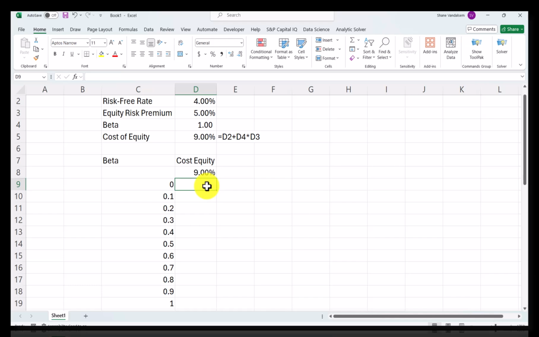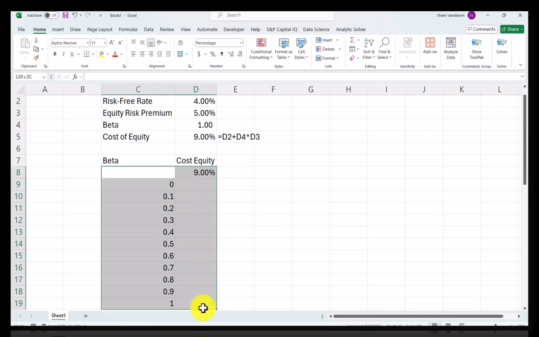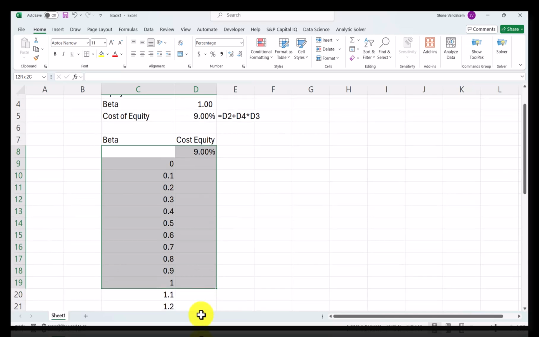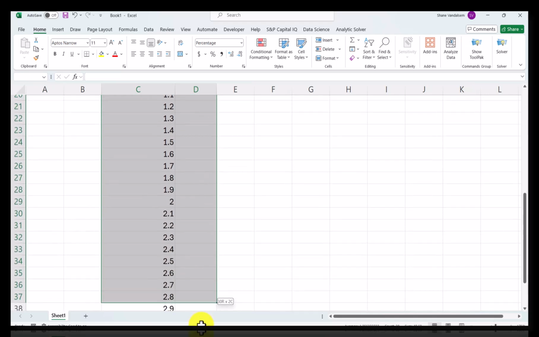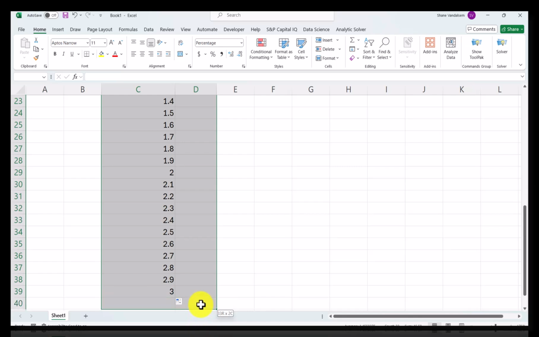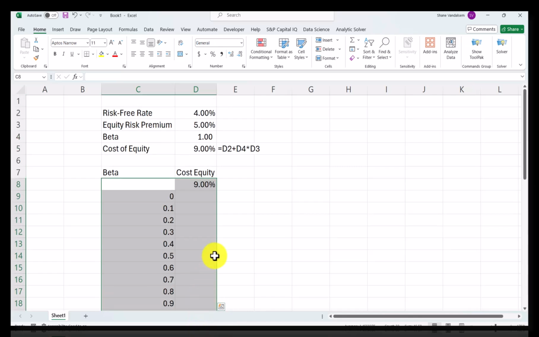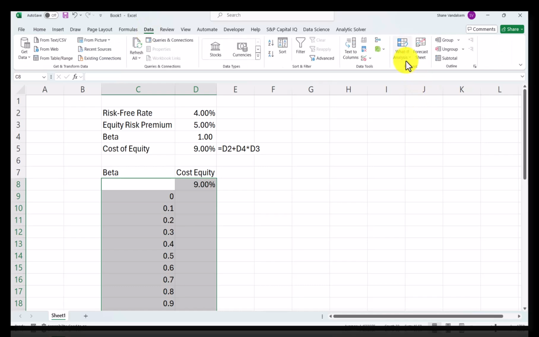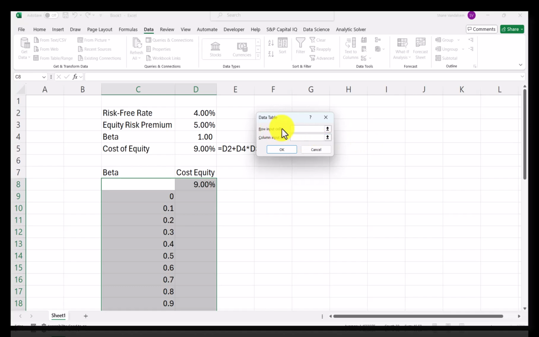So I've set up my column of betas here and my cost of equity in cell D8 here. And now I'm going to highlight both columns C and D from row 8 through 39. Now I'm going to go out here to data and then go to what-if analysis and then to data table. And there's two different inputs here.